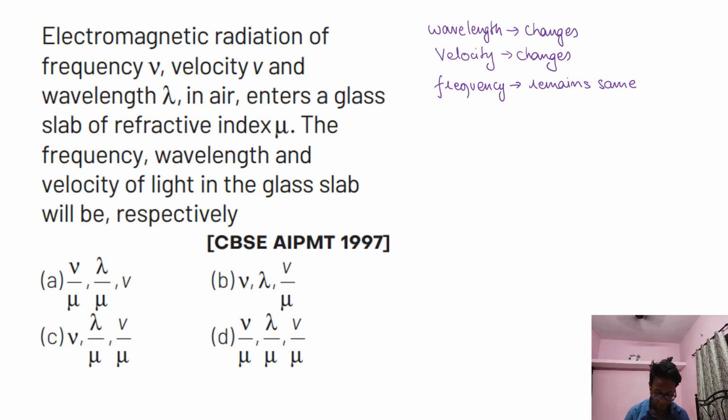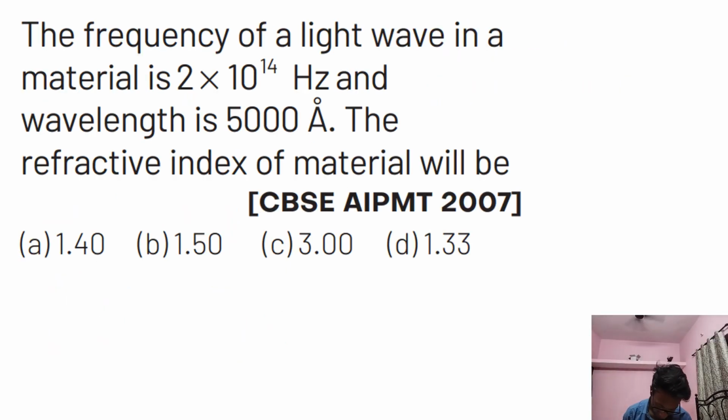So whenever refraction occurs, the wavelength and velocity of light change, whereas the frequency of light remains the same. So the correct option is option C. We have just learned that during refraction the wavelength of light changes, the velocity of light changes, but the frequency of light remains the same.